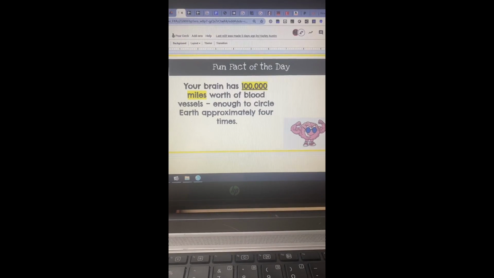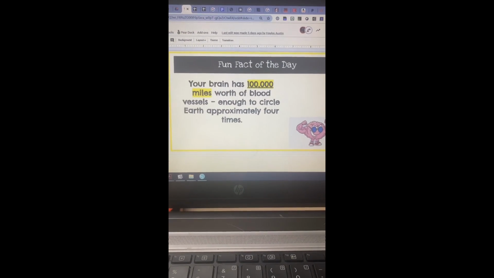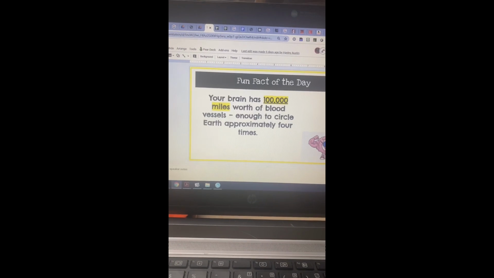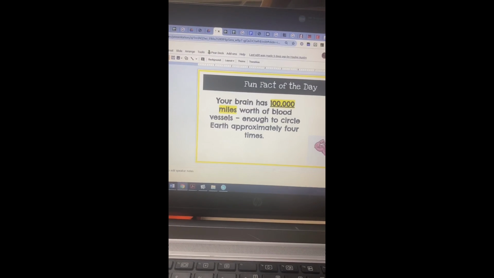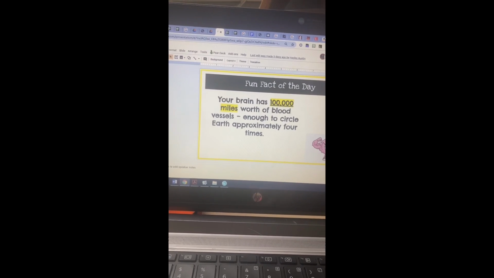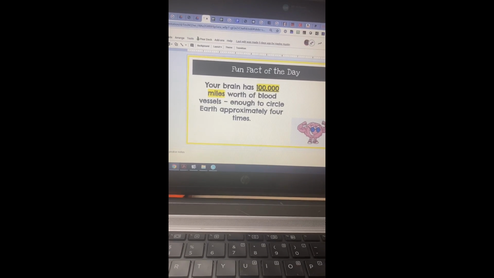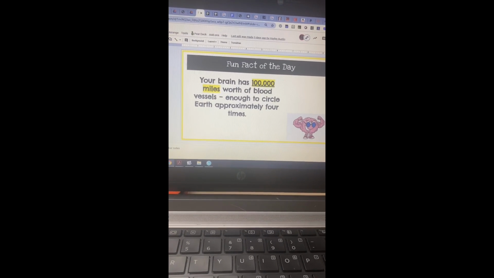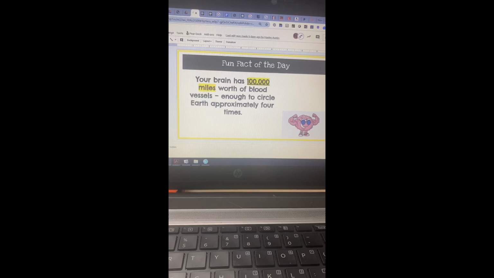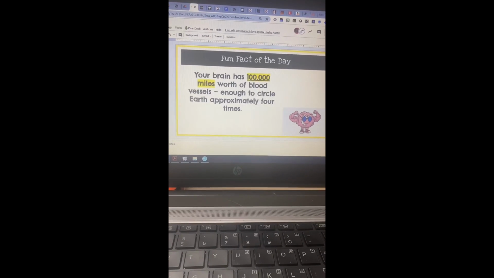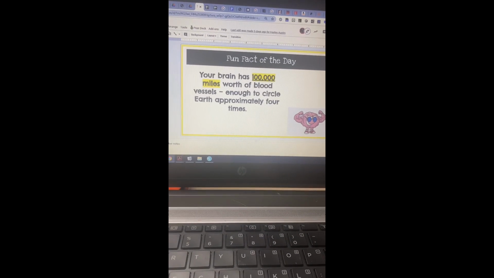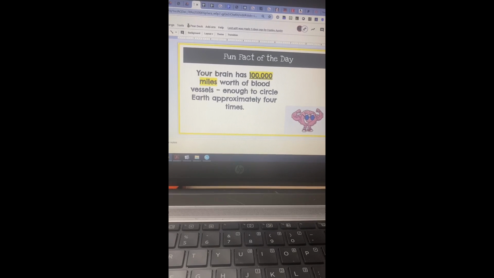Just think of that bus slot. We get on that bus slot and we have to go around it about, I think it's about 10 times to make a mile. All right, so 1 mile is 10 laps. So they go 100,000 miles around the earth.